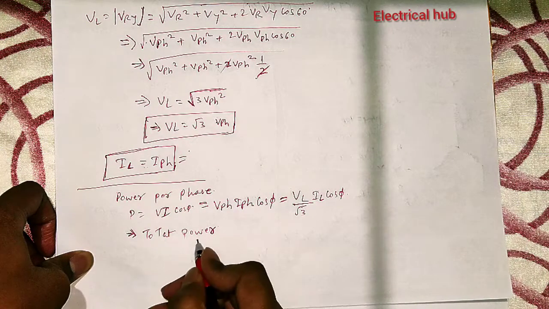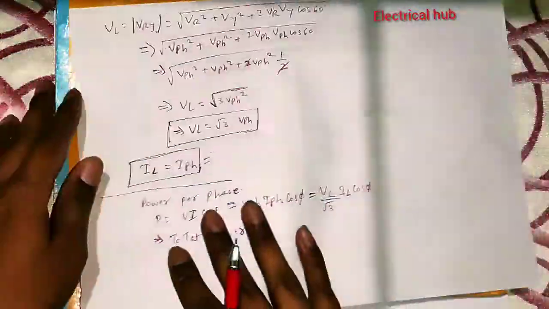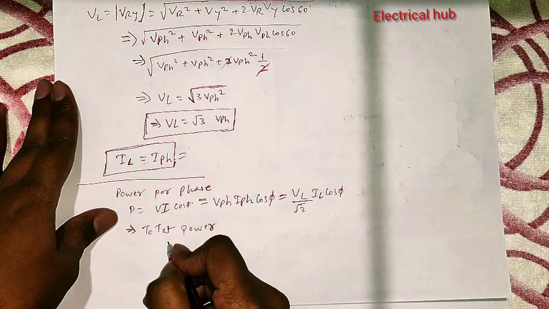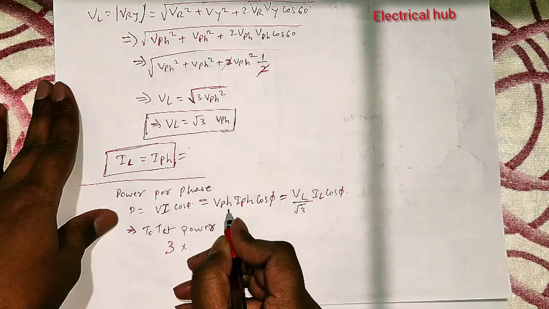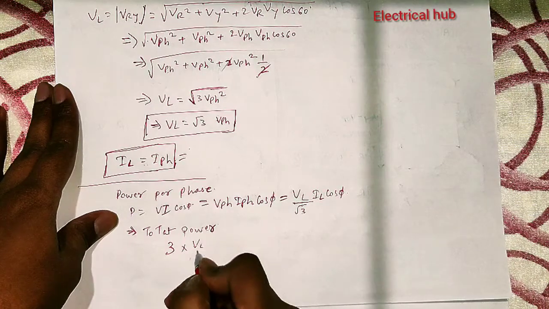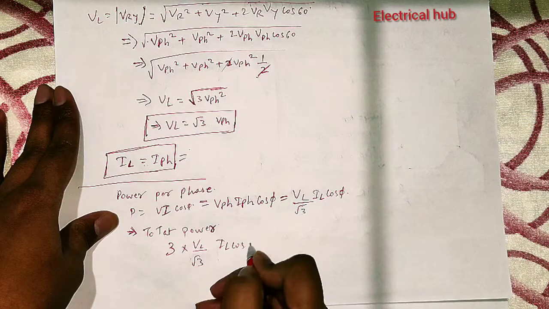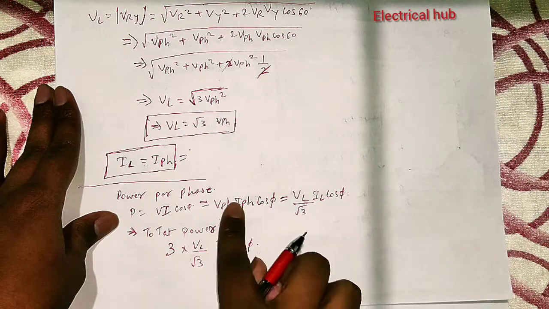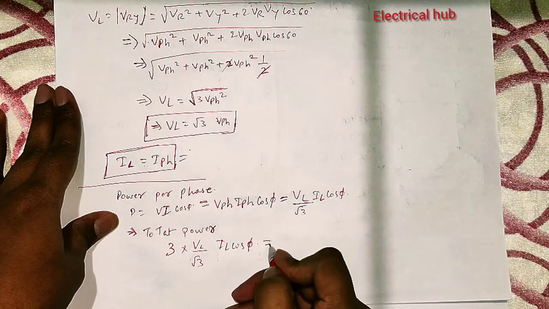Here it will become total power, and for total power, how many phases are there? 3 phases, 1 2 3. So we just have to multiply this part by 3, VL by root 3 IL cos phi. You can write 3 here also, but I have written it here so that I can simplify it.